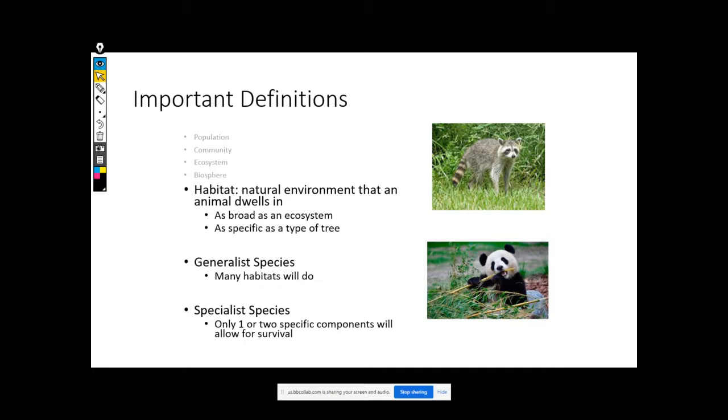Right, and this can mean anything, right? And this depends usually on what we're talking about. Okay, so it can be as broad as an ecosystem or as specific as a tree. Okay? If, for example, I was talking about a raccoon, and I was talking about, well, what is a raccoon's habitat, right?